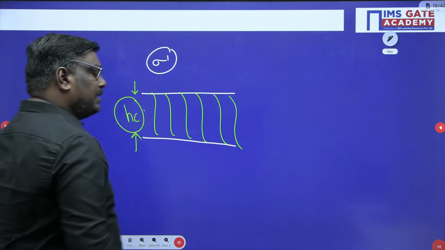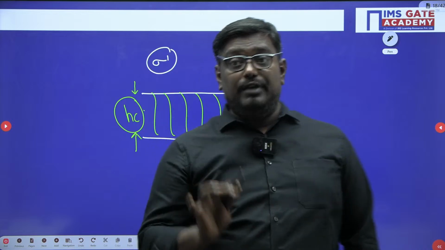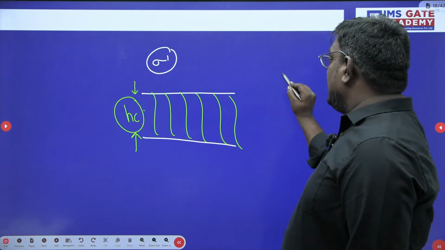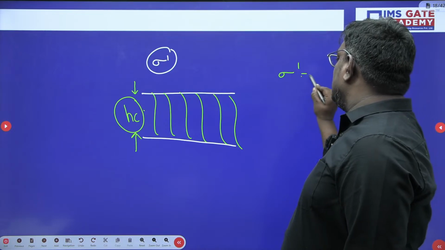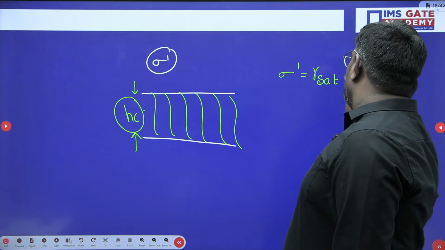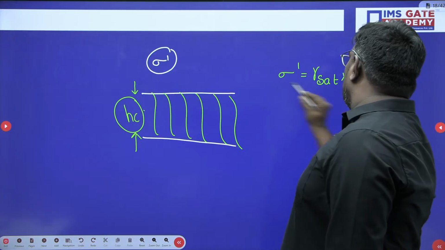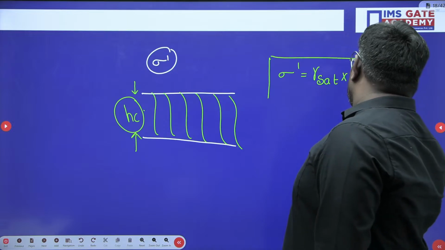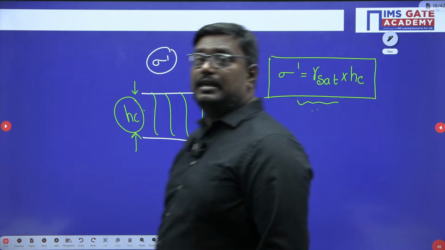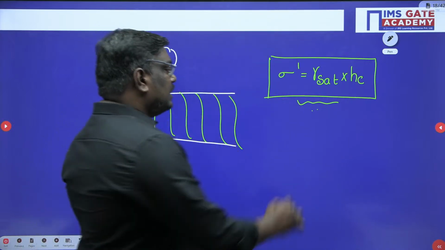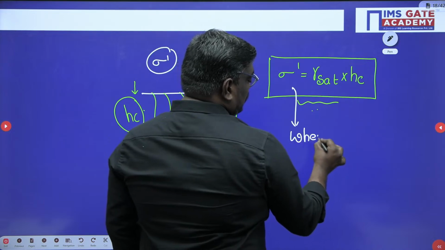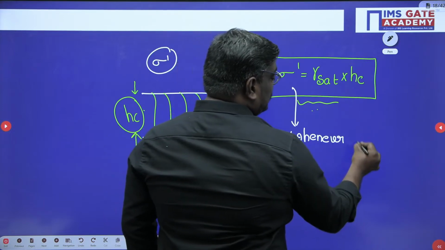Remember, my dear students, a very important thing: effective stress will be calculated as gamma sat into HC whenever there is a capillary zone.